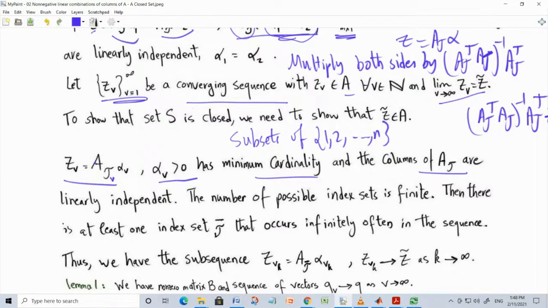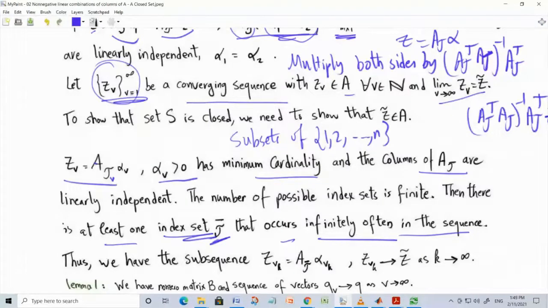So there is at least one index set, let's call it J bar, that occurs infinitely often in the sequence. Because if every index set occurs finitely often, then the sequence is finite, which is not the case. We are taking an infinite sequence.